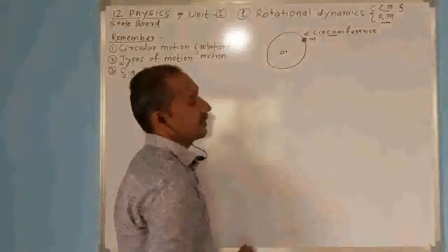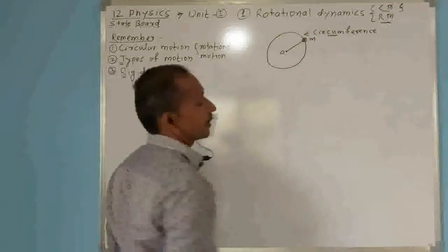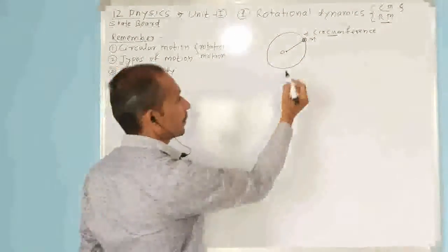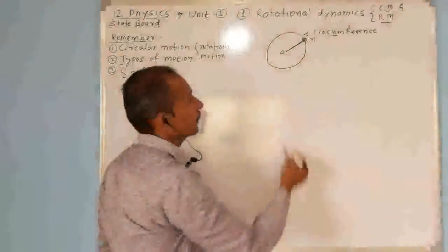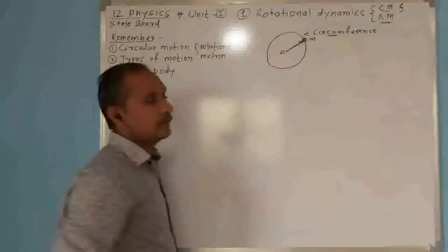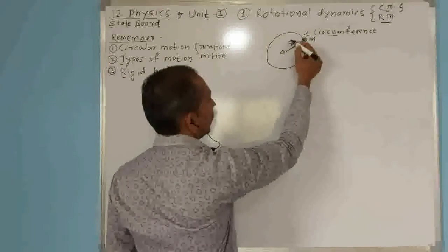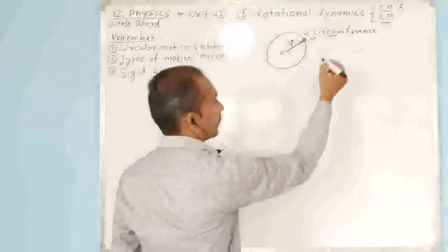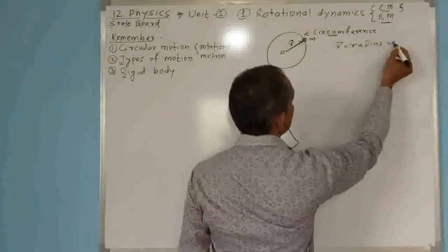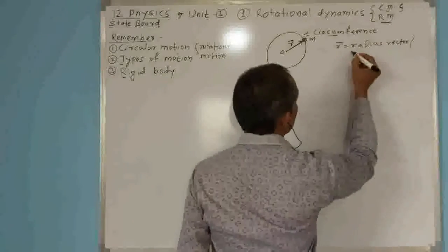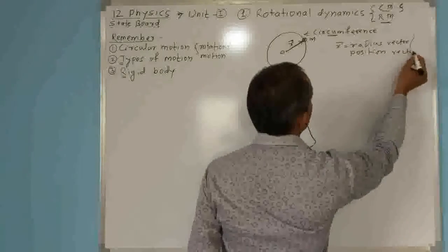Okay. Let's see some more details. Join the particle or body with the center, starting from the center to the body, meaning direction along this direction. Now this is the radius vector r, or position vector.